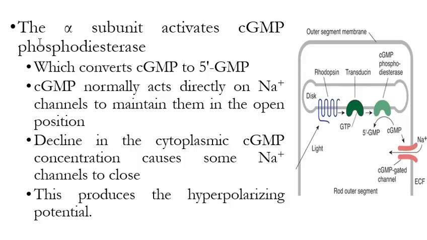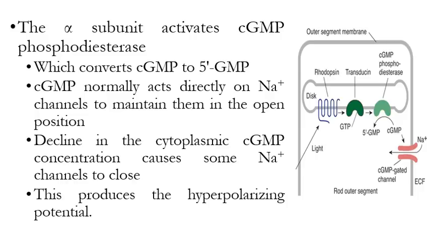So the alpha subunit activates the PDE, and this converts cGMP to GMP. Now cGMP, as I said, normally acts directly on the sodium channels to maintain them in an open state, and the decline of cytoplasmic cGMP will lead to these channels closing. This will produce the hyperpolarization that we alluded to. So let's look at the whole picture.